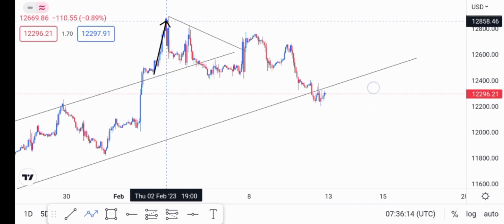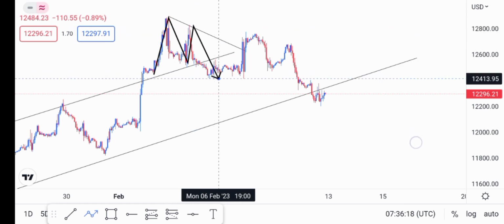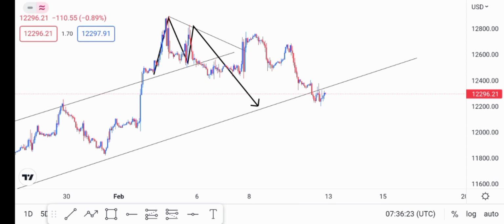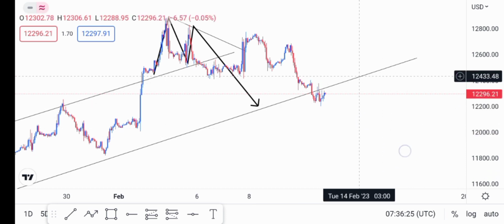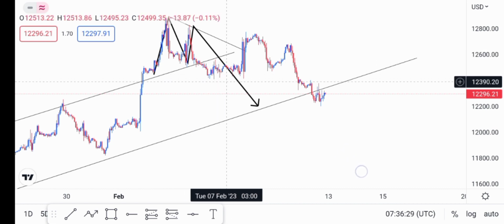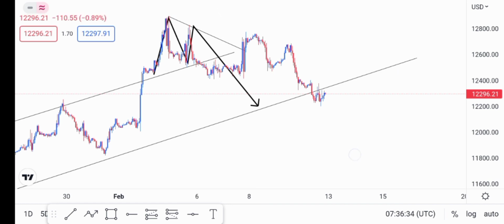I showed you this kind of movement, telling you guys that NAS100 is going to sell. So I did draw something like this. But if you look closely, NAS100 did push to the lower side, and most of you were happy with the profits, but exited when you saw this hammer candlestick right over here.